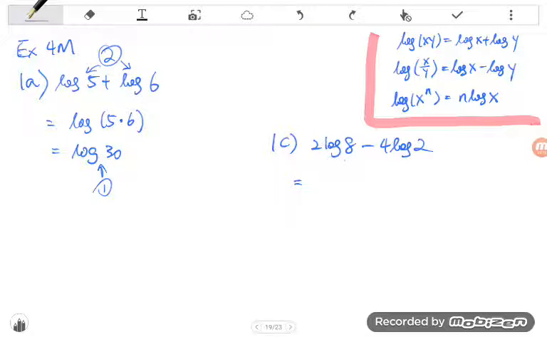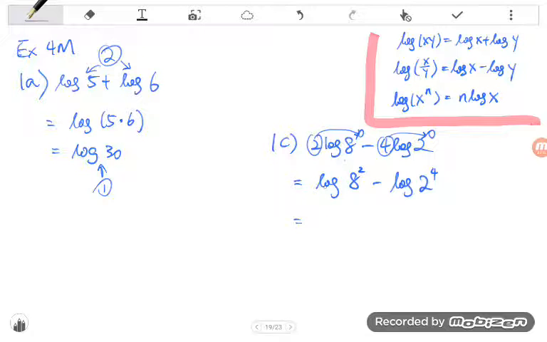So I'm going to have log 8 to the power of 2 minus log 2 to the power of 4. I'm bringing the number up to become a power, using this rule over there.